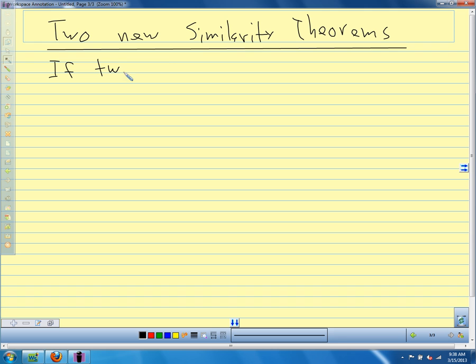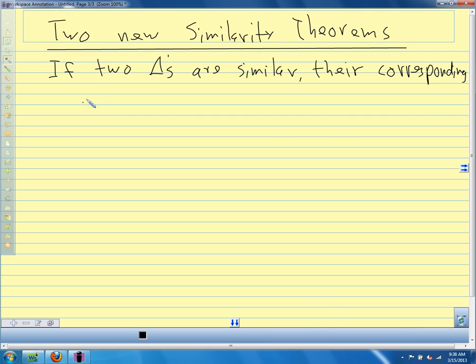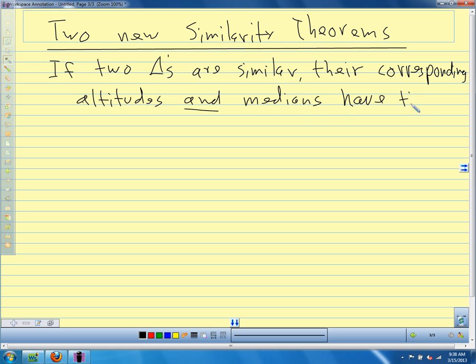If two triangles are similar, their corresponding altitudes and medians have the same ratio as the sides.